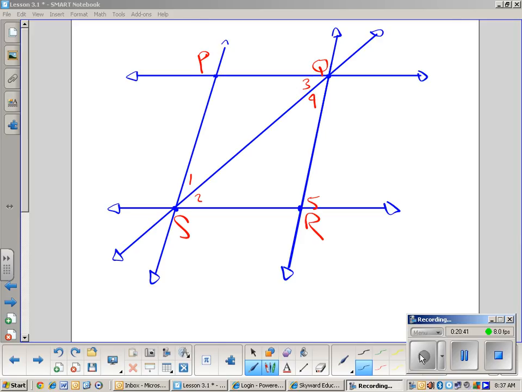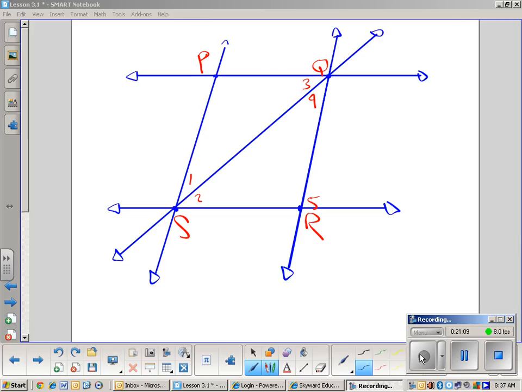The directions say, name the two lines and the transversal that make up angle 1 and angle 4. And so, if you think of it this way, what two lines may or may not be parallel, but you can think of them as parallel lines if you want, and then what transversal creates angle 1 and angle 4. So that's what the question's asking.